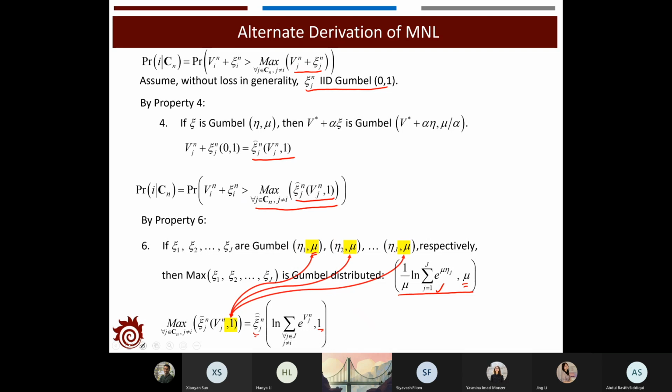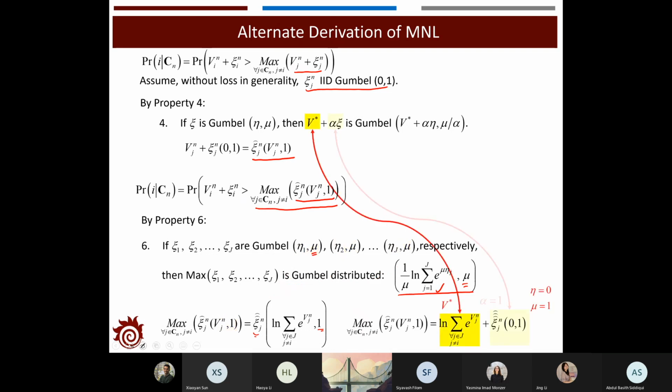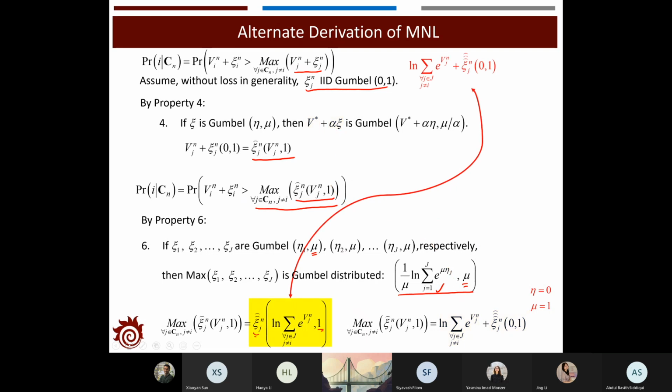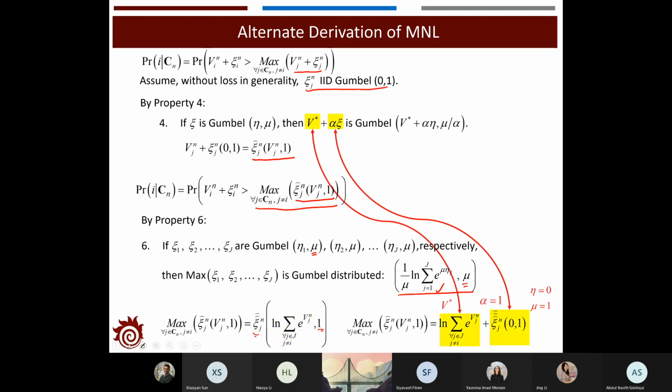And now you can apply property 4 again to convert this distribution back to a combination of two variables. One is the deterministic variable, the other one is the random variable, but it's the standard Gumbel distribution.